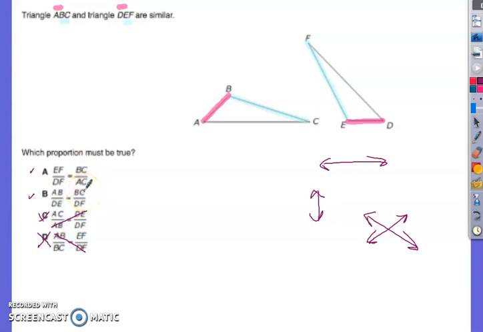So we already checked the top. So we said EF goes with BC. So that means DF and AC would have to go together, okay? DF and AC. So let's look.